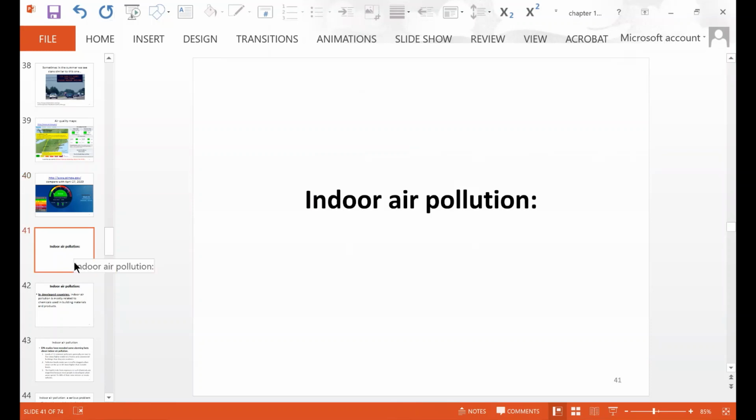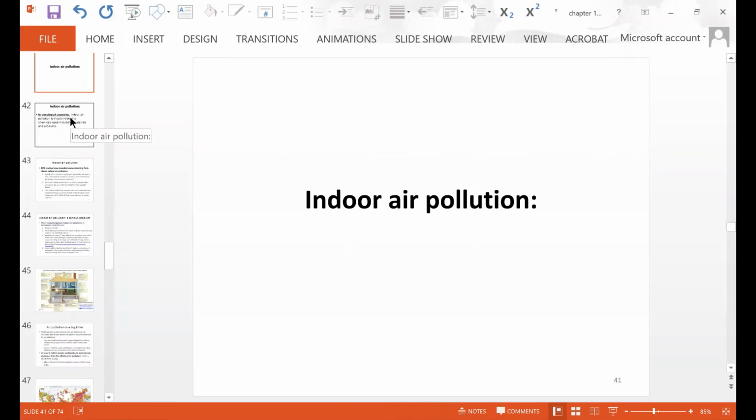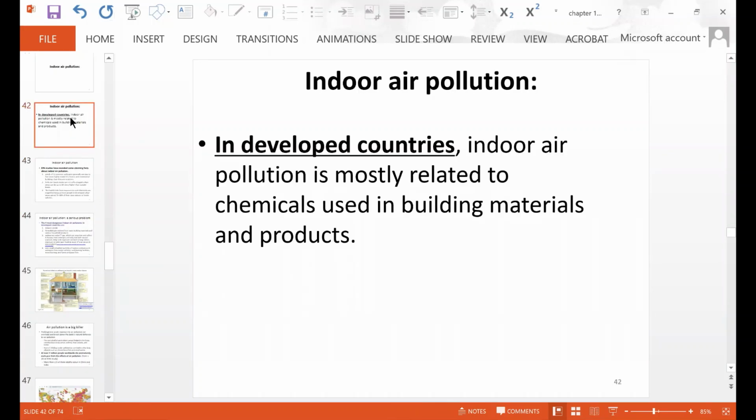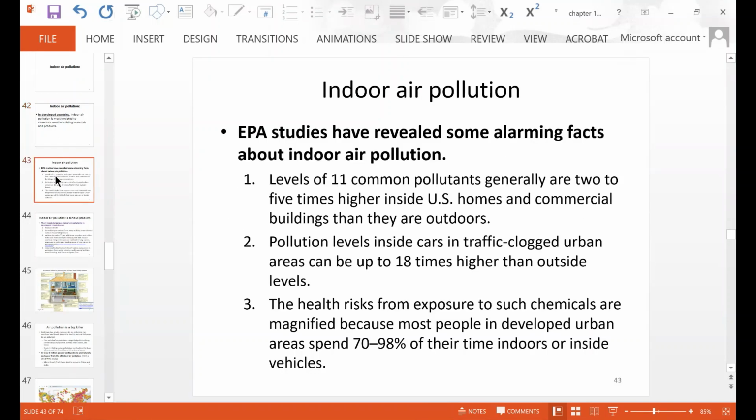So now we're going to move on to indoor air pollution. In developed countries, indoor air pollution is mostly related to chemicals used in building materials and products. The EPA had studies reveal some alarming facts about indoor air pollution.